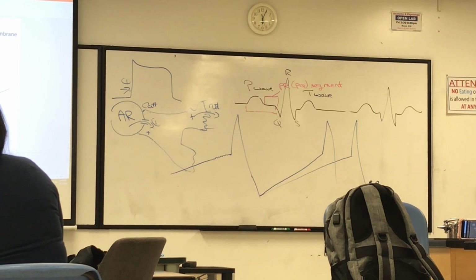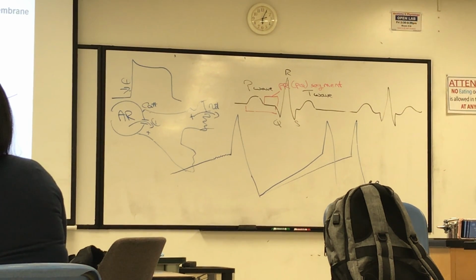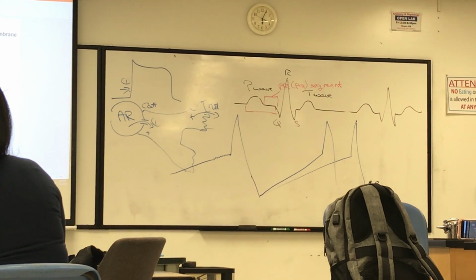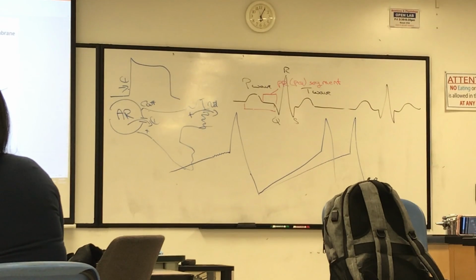Not trying to make these tricky, so we'll do that. Does that help? In actuality, all of this, I could pick out any point up until here would be occurring after A, okay?